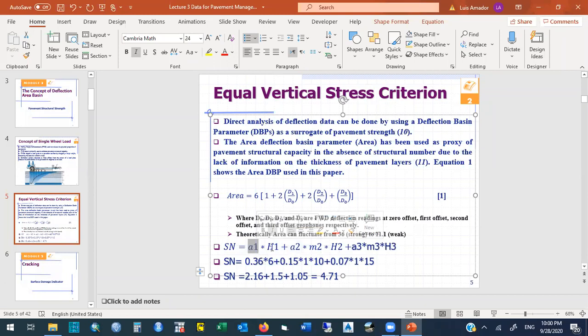So for instance, for the hot mix asphalt layer, the coefficient is something like 0.3, 0.35, 0.4. For a granular base, it can go as high as 0.17, could be 0.15, like in this example here. And the sub-base is weaker, so the coefficient is smaller, typically somewhere between 0.06 to 0.10.